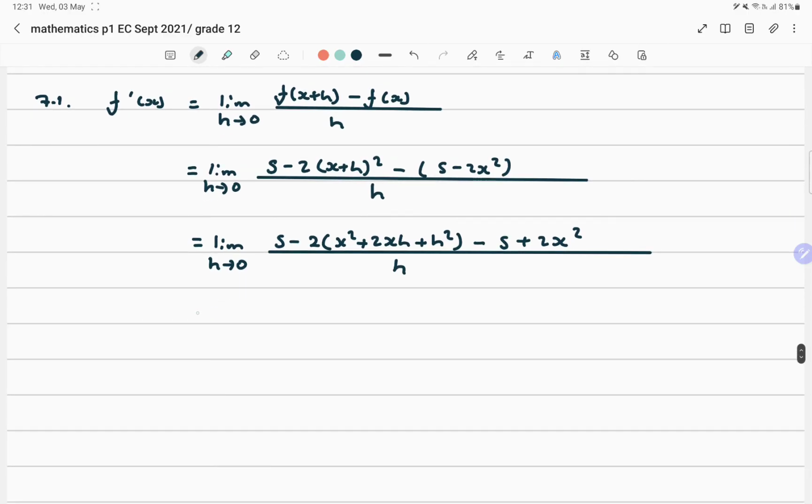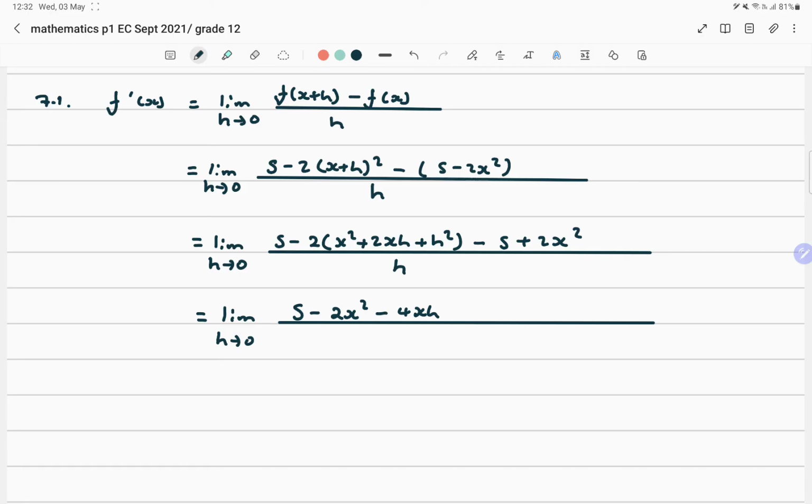Okay, and then let's sort this one out. Lim as h tends to 0. Let's just fold this thing properly. Do me a straight line, okay? Now we're going to have 5 minus 2x squared plus 4xh. No, it's minus.